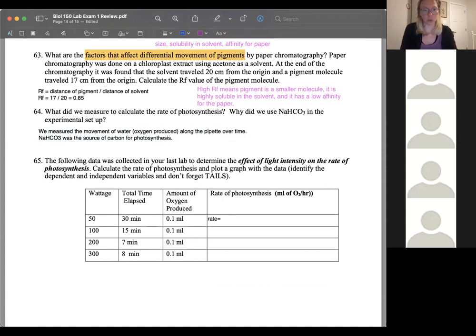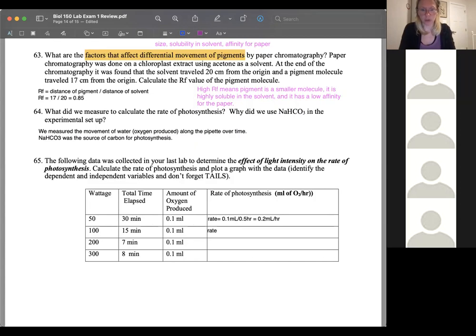So if this rate equals 0.1 mils divided by, how many hours is 30 minutes? 0.5. Yes, 30 minutes is half an hour, so it's 0.5 hours. So what is our rate calculated as? 0.2 milliliter per hour. Great, yes, 0.2 mils per hour.